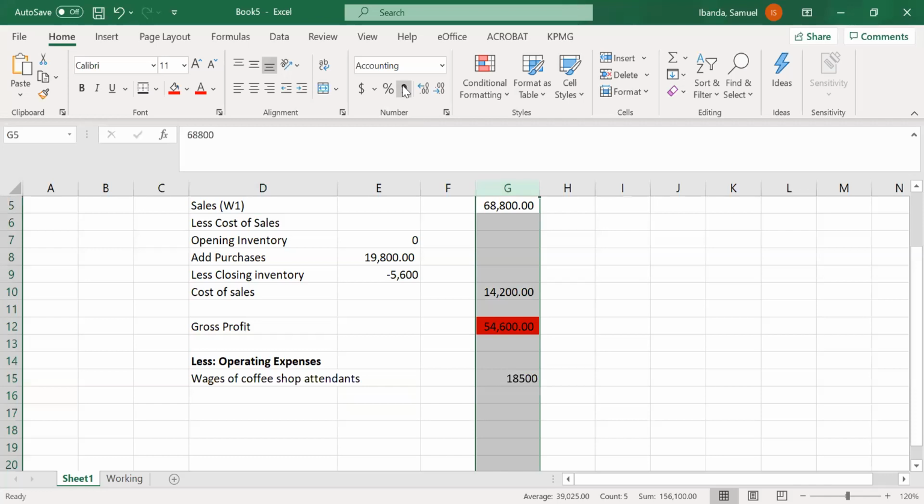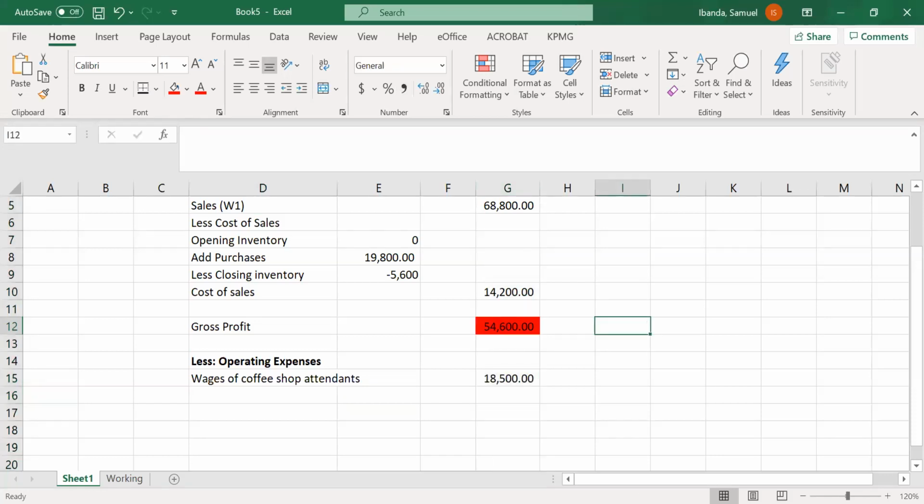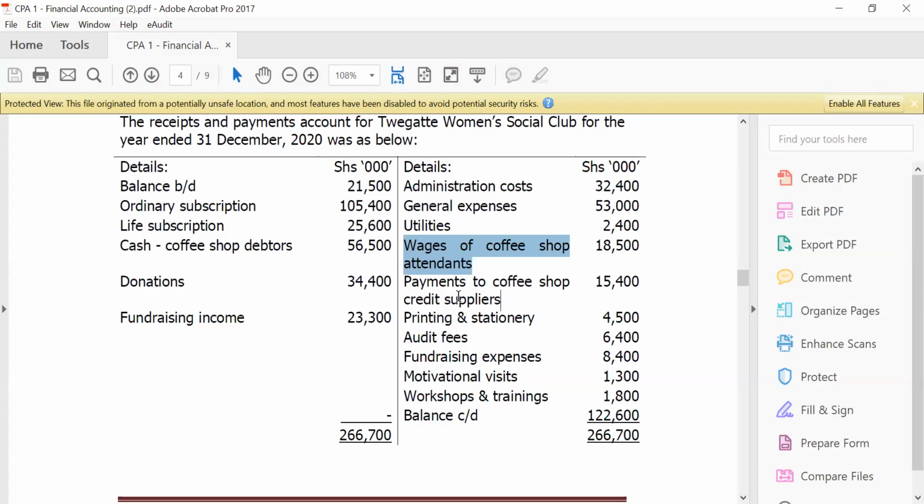I'm capturing the right amount. Payments, this one is not an expense. Printing and stationery, this is also to be shared. Audit fees, this relates specifically to the whole club.